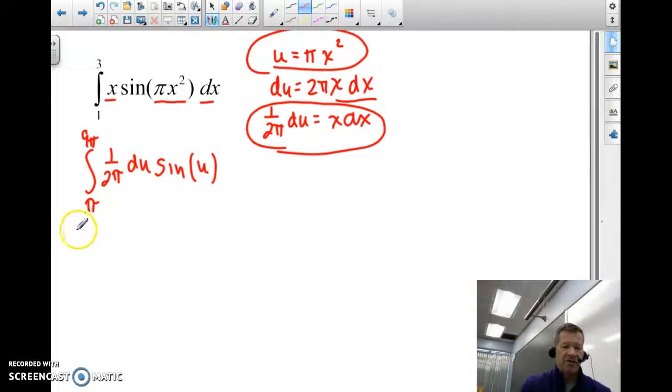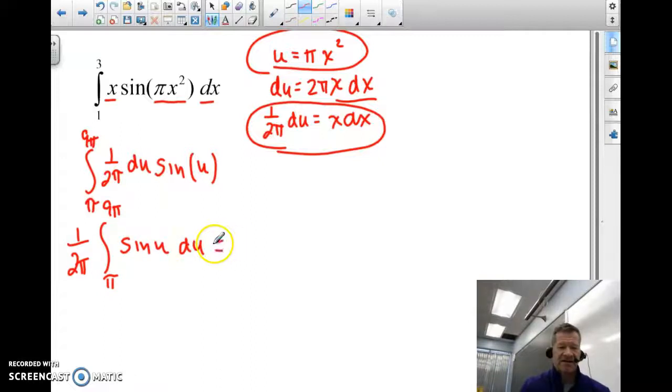So rewrite this. I've got 1 over 2 pi as a constant multiple times the integral from pi to 9 pi of sine of u du. Find the antiderivative. So I've got 1 over 2 pi. The antiderivative of sine u is negative cosine of u from pi to 9 pi.